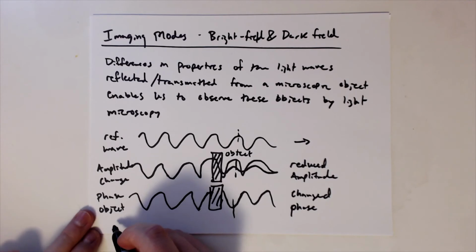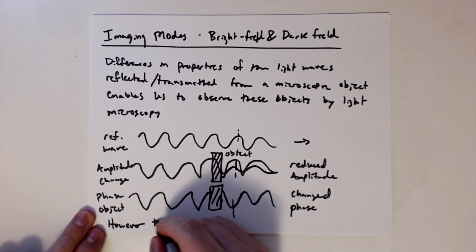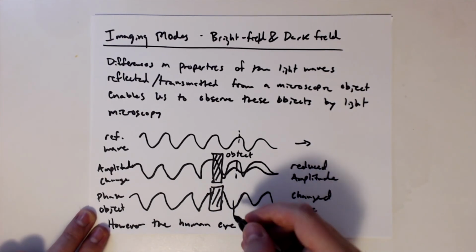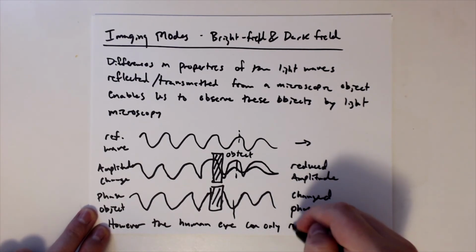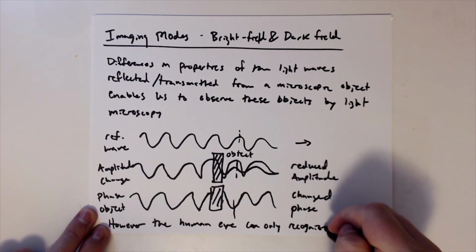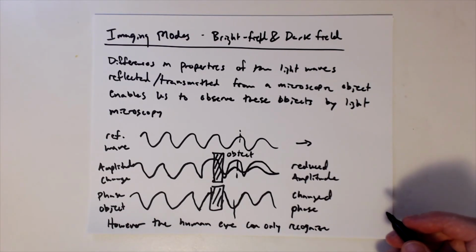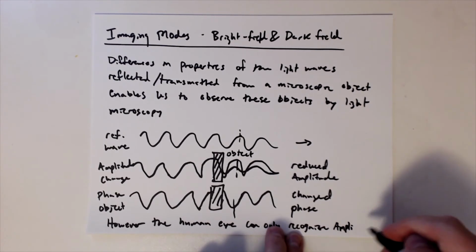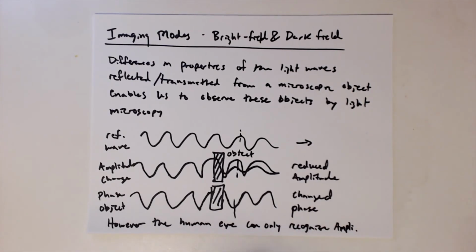However, the human eye can only recognize amplitude changes or wavelength changes. Obviously wavelength, because we can detect different colors.